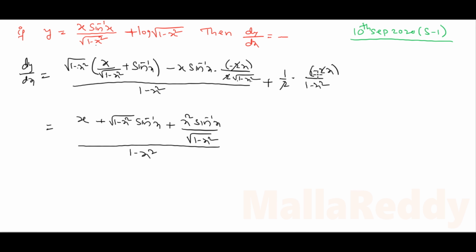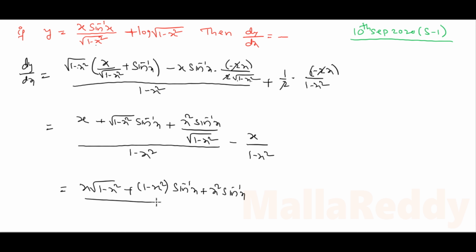Here 2 cancelled, that is plus into minus minus x by 1 minus x square. Again take LCM, that is x root 1 minus x square plus root 1 minus x square into 1 minus x square, that is 1 minus x square into sin inverse x plus x square into sin inverse x by root over 1 minus x square into 1 minus x square, minus x by 1 minus x square.